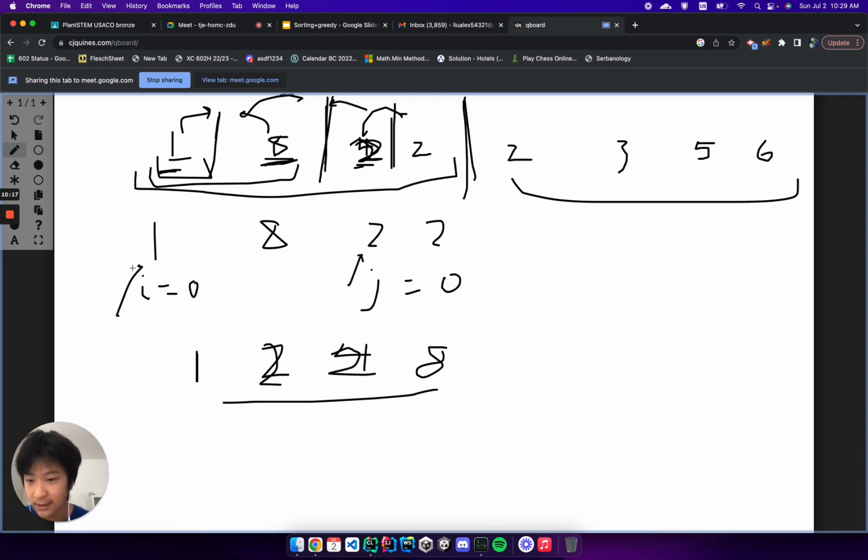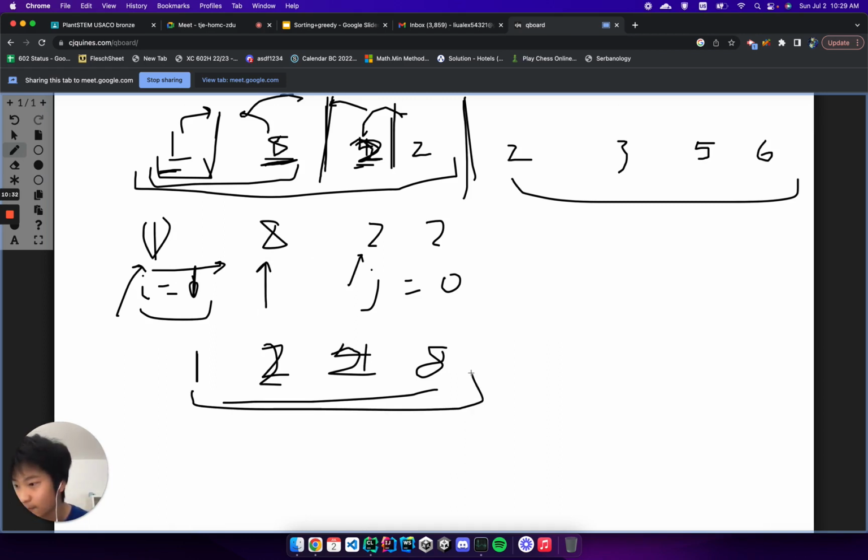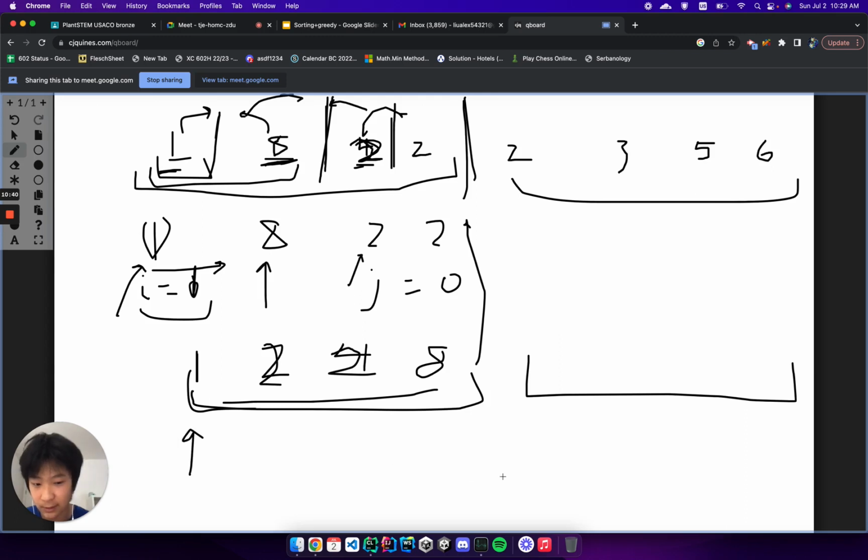And whichever one has a smaller value, so in this case, this one does, then we increment this index. So i becomes 1. So it'll point at this value. And we just keep doing that until we get this. And this in turn will return back up to this part. And then the other half will also be sorted, and then we'll restart the merging process. Do you get it?